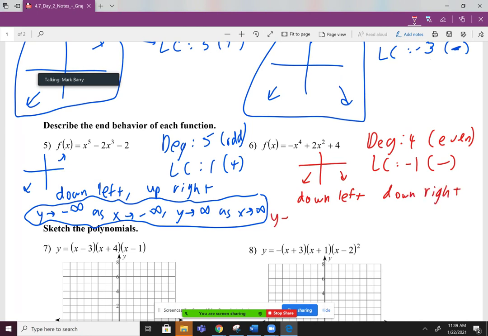So we know both of these are down, so both of our y's are going to go to negative. And then we have a left here, so that's x negative. And like I said, y is negative again for this one, as x is actually positive.